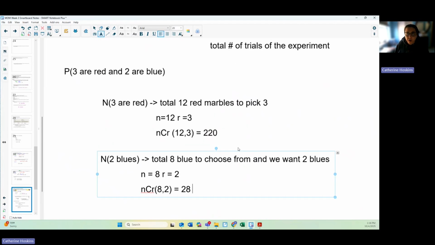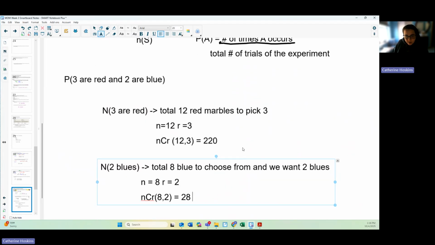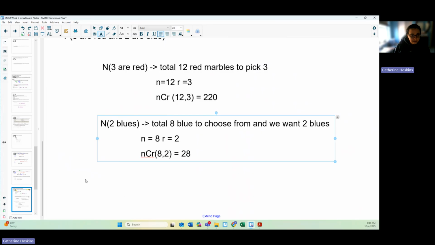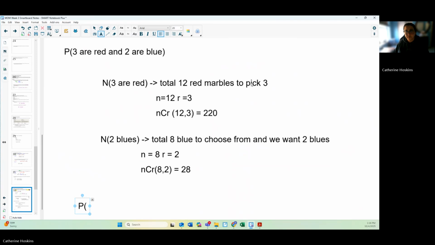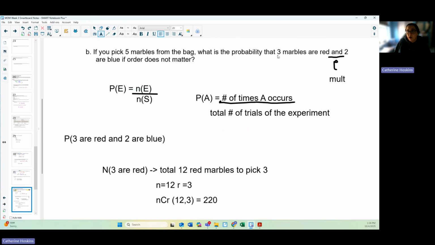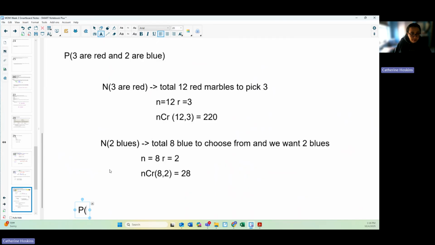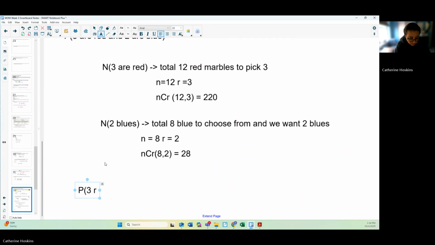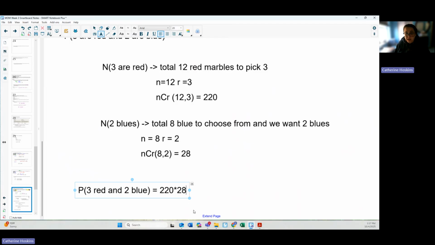So now that we have all of our counts, I can say that the probability of picking 3 marbles that are red and 2 that are blue would be my 220 choices for red multiplied, because of the word and, by the 28 choices for blue. And then it's all over, because a probability is divided by the total.